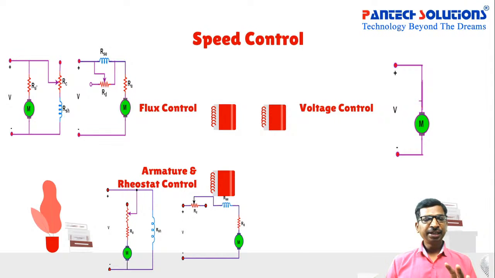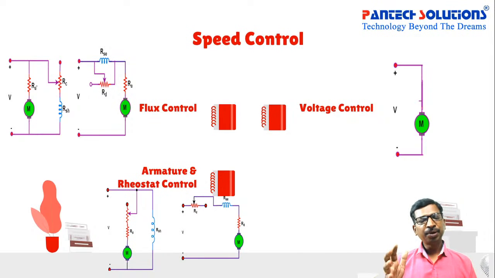In the flux control and armature rheostat control methods, the input voltage to the machine is constant. In addition, by using the rheostat, we can adjust the speed of the machine. Each has unique features, advantages and disadvantages. These are just basic theories, so please check your textbook.